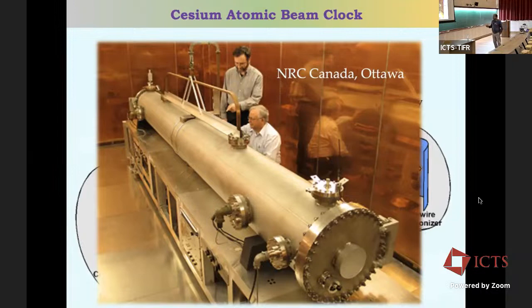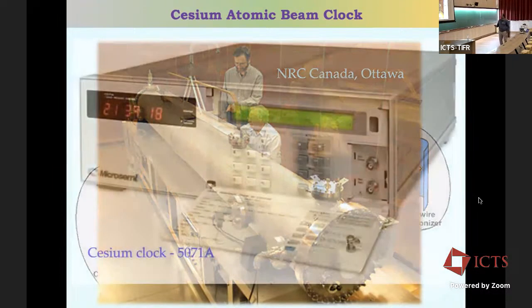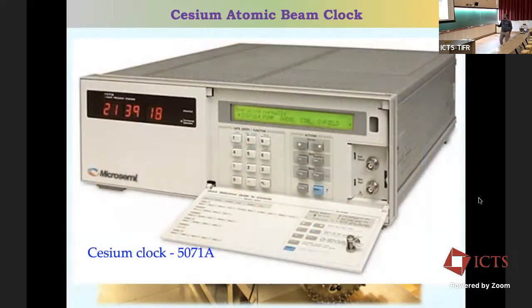That is one of the longest cesium beam clocks. Today you can actually get everything in a small box, because practically you cannot do much better by increasing length beyond a meter or so. So everything is very compact and commercially available.